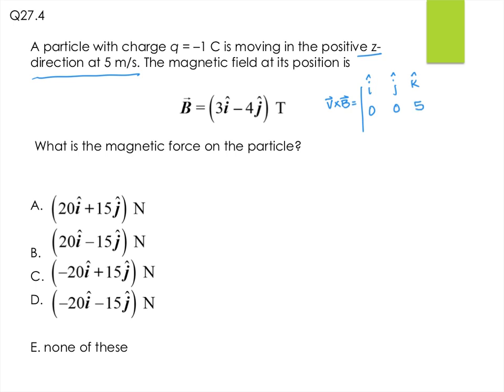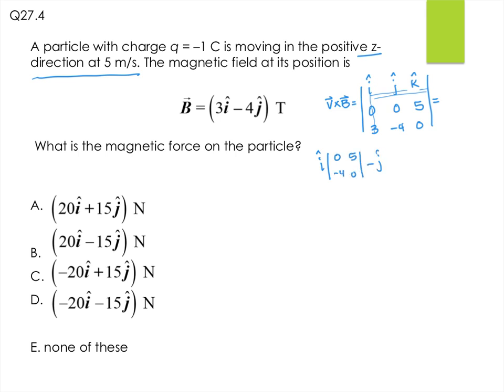And then the next line is the magnetic field, 3, minus 4, and there's no z component, so I write it like this. And how we do this is we will expand around the top line, and then we're left with a 2 by 2 matrix that's found by eliminating the column and row that coefficient is in. So this 2 by 2 matrix is 0, 5, minus 4, and 0.